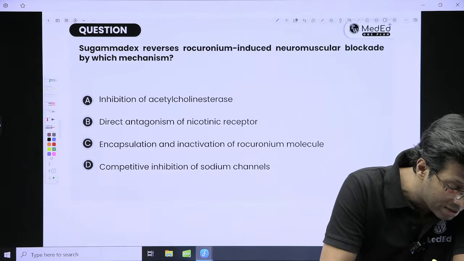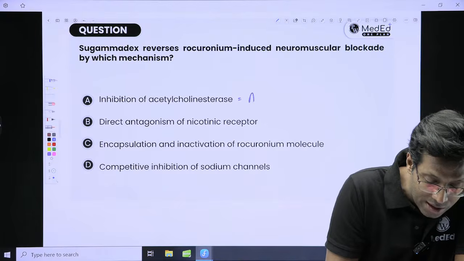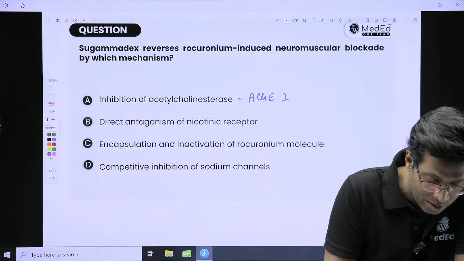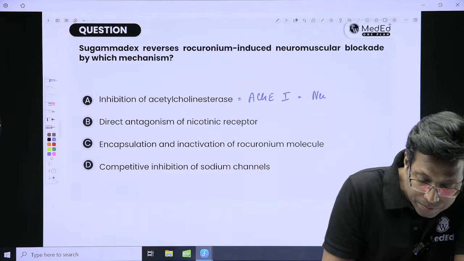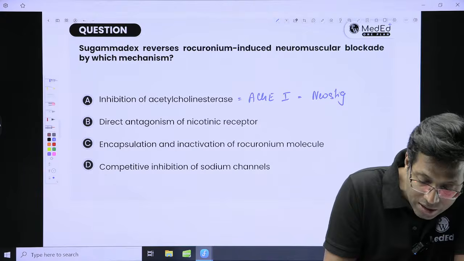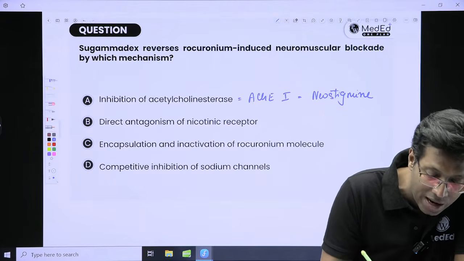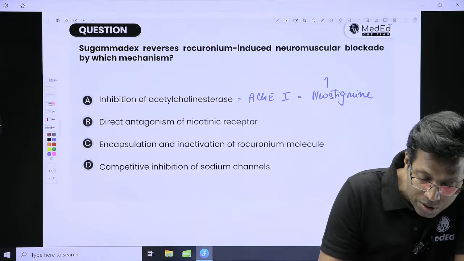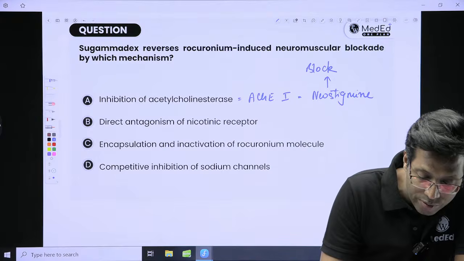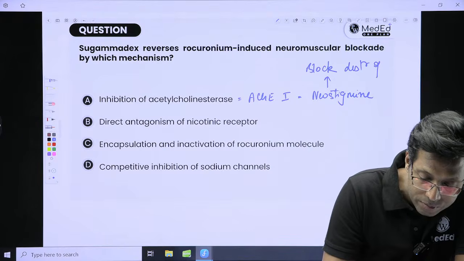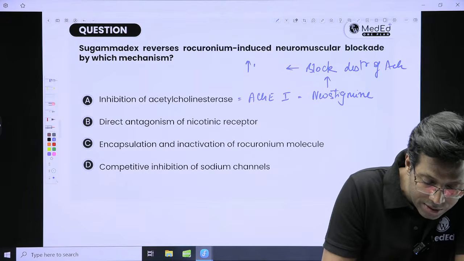Inhibition of acetylcholinesterase is basically your neostigmine. This is the mechanism of action of neostigmine. Neostigmine is an anticholinesterase; it blocks the destruction of acetylcholine, and therefore it increases acetylcholine.